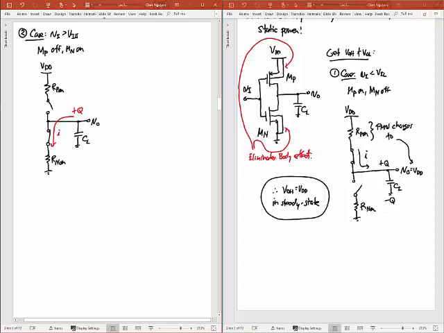And so basically I have this current here, and the NMOS discharges capacitor C sub L to 0 volts. Okay? And so in the end, the V output low for a CMOS inverter is 0 volts in steady state.